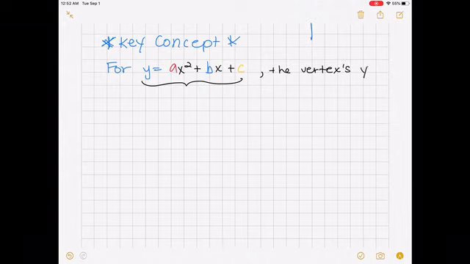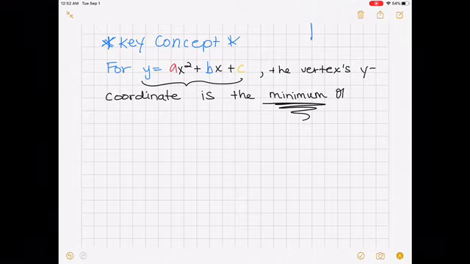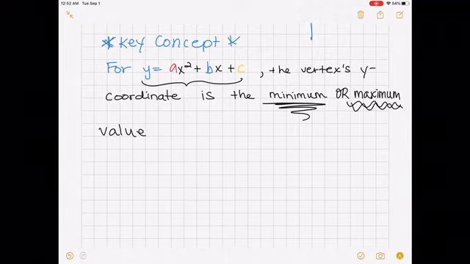So the vertex's y-coordinate is really important because that y-coordinate is the minimum or maximum value of the function.